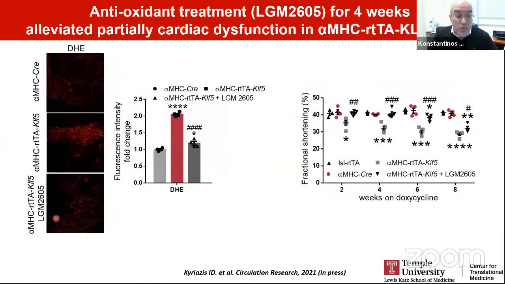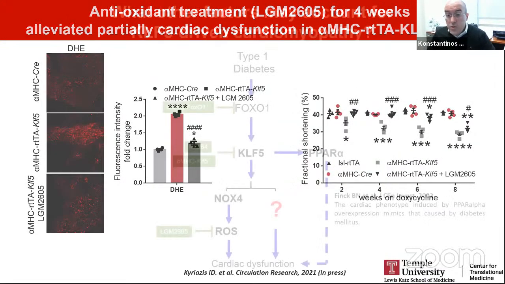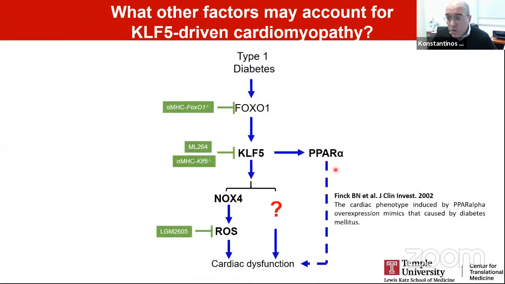We also treated our transgenic mice with the ROS scavenger, and although again we saw complete inhibition of ROS formation, the cardiac function was only partially improved. So we said probably there is something else going on besides oxidative stress.